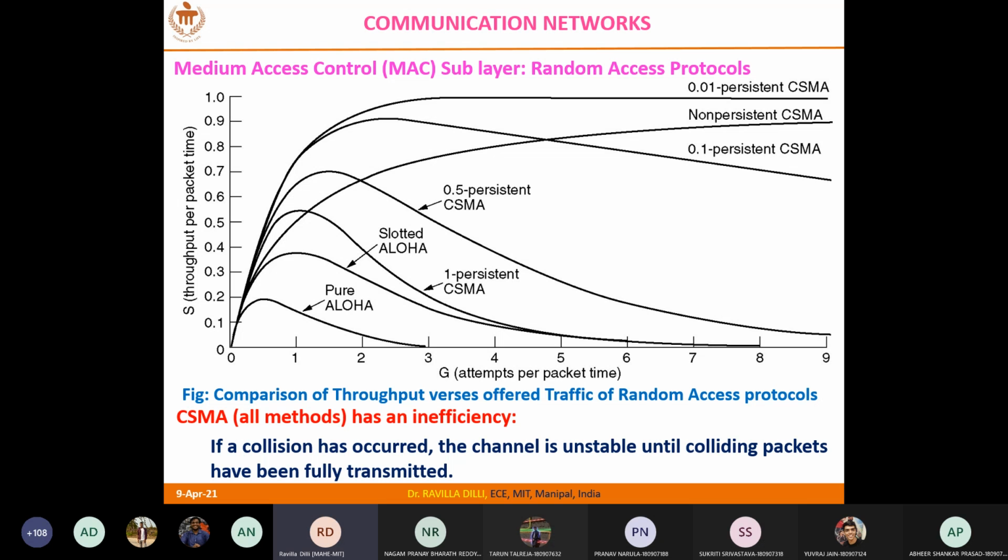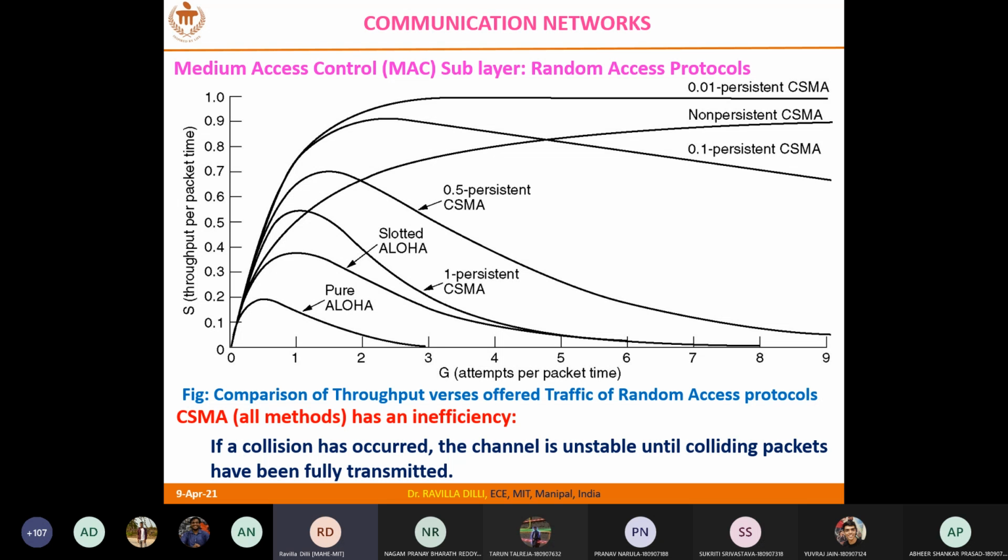So p is 1, it is better than slotted Aloha, yes. You can expect poor performance from pure Aloha, and double the performance from slotted Aloha. Even with one persistent CSMA you can get better performance than the Alohas. When you decrease the P value to 0.5, you are still getting higher throughput. When you decrease the P value to 0.1, you are getting more throughput compared to all the previous ones.